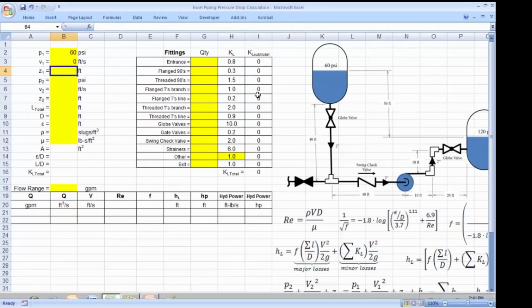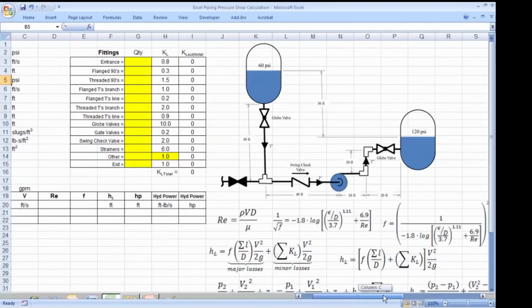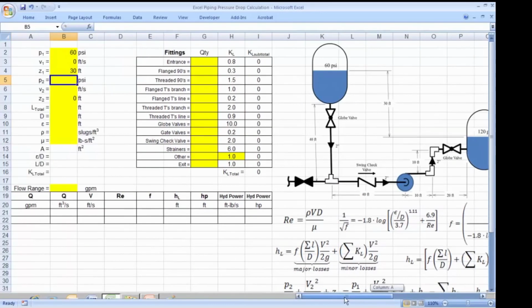The Z1, we'll go ahead and call that 30 feet, and we'll call Z2 0 feet, so that'll be the reference right here. And then P2, that's the 120 psi that I have in my system, so 120 psi. And the velocity is going to be 0 because we're going to go to a point that's right on the surface.